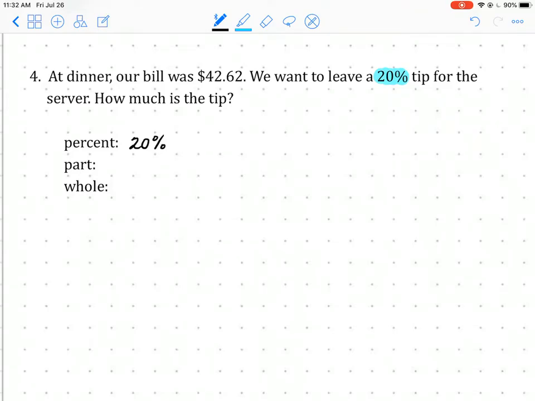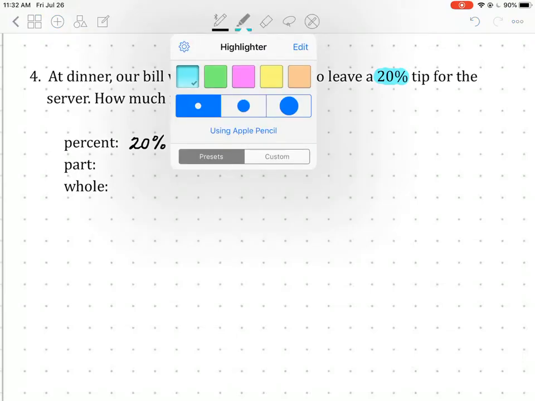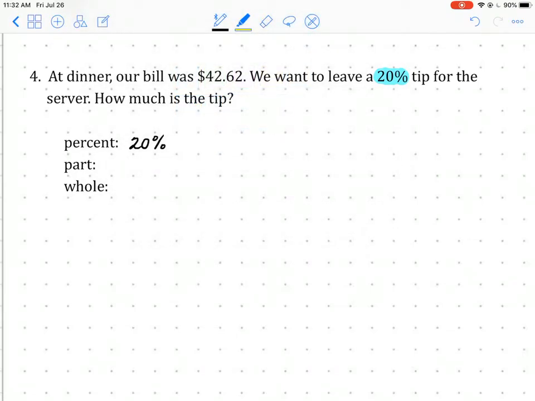So then I have to focus on the $42.62. Was that all the food that I ate or part of it? It was all. Our bill, after we finished eating, the whole bill was $42.62. So we're going to put that in for the whole bill.